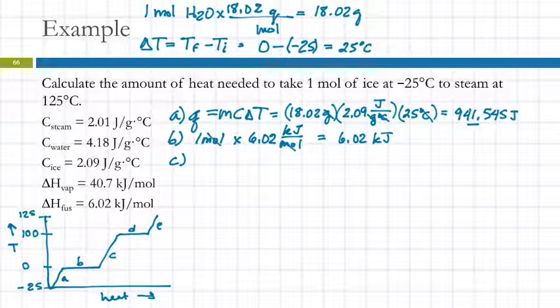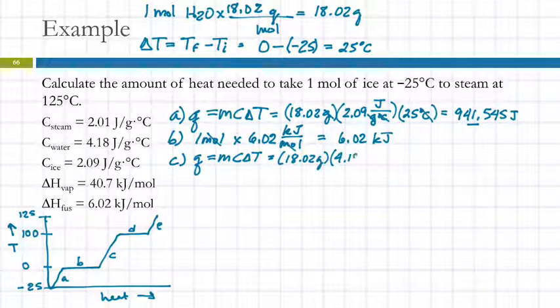So for line segment C, what equation are we going to use? Q equals mc delta T? Because the temperature is changing again. Well, the mass of our water is the same, because melting it doesn't change its mass. Specific heat capacity now, though, we need to use the one for liquid water.